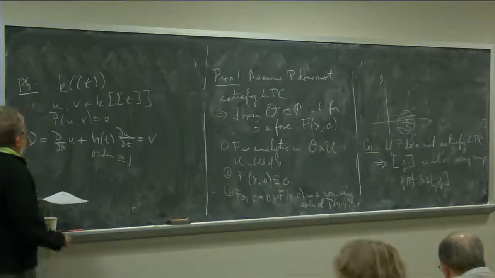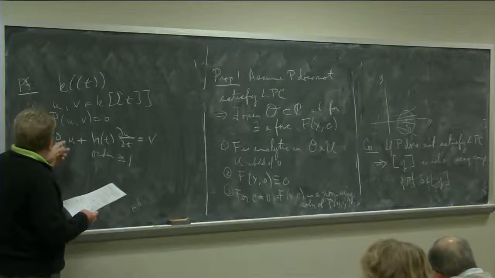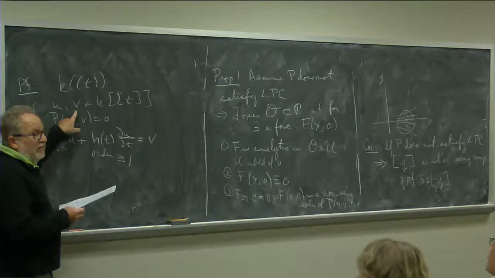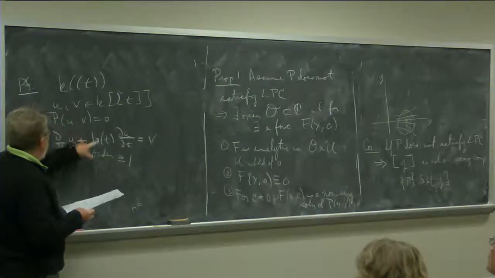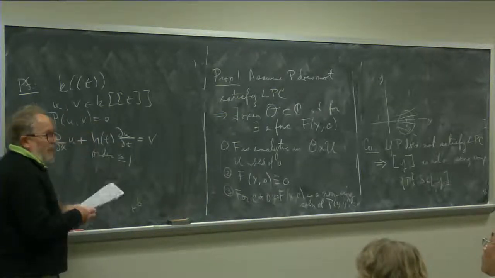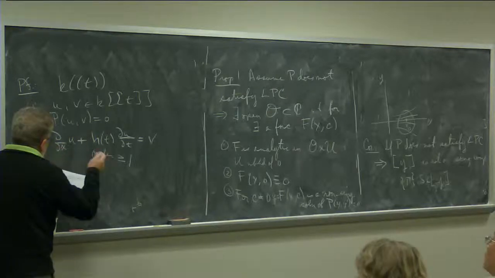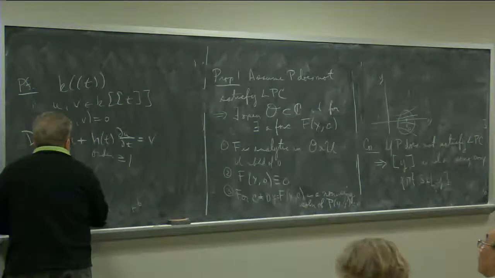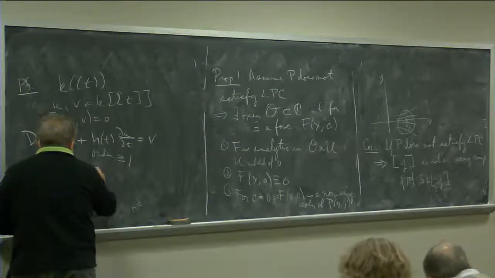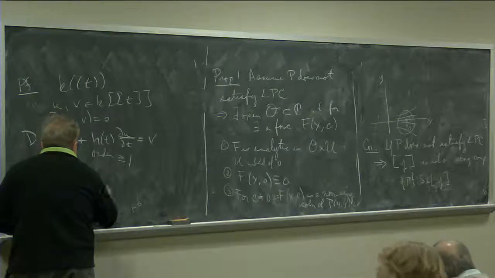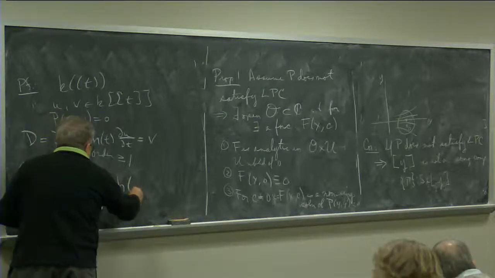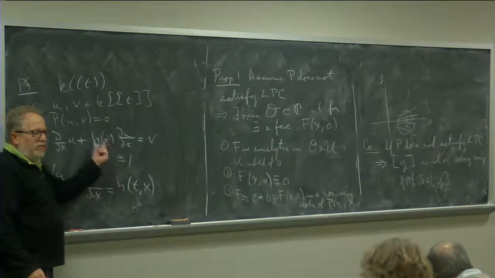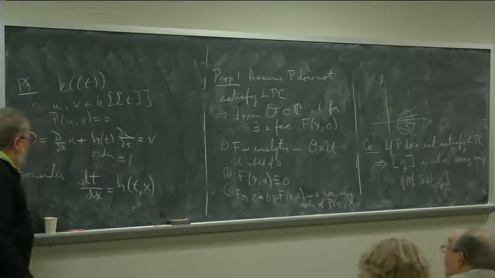So the idea now is I want to think of u and v as functions of x. I mean, here they're functions of t, and I want to think of them as functions of x. Well, the way to do that is to consider this differential equation, dt dx is h of t in x. This is a power series in t, its coefficients are functions in x.